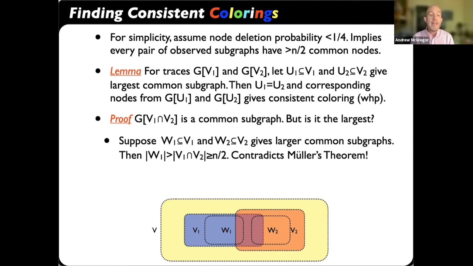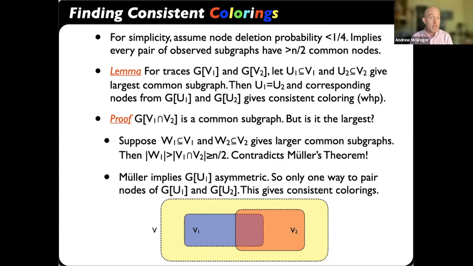So what this would mean is that we would have found a W1 and W2, each consisting of substantially more than n over 2 nodes, such that this graph was isomorphic, or identical if you like, to this graph. And this would contradict Muller's theorem. Okay. So we've managed to conclude the first part, that the largest common subgraph of V1 and V2 is indeed the graph on the intersecting set of nodes.